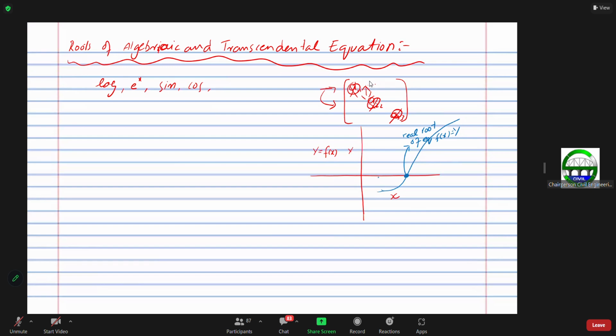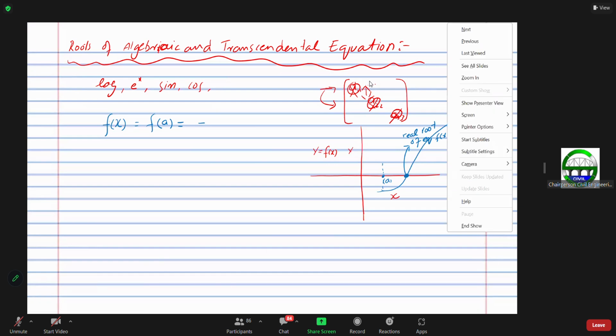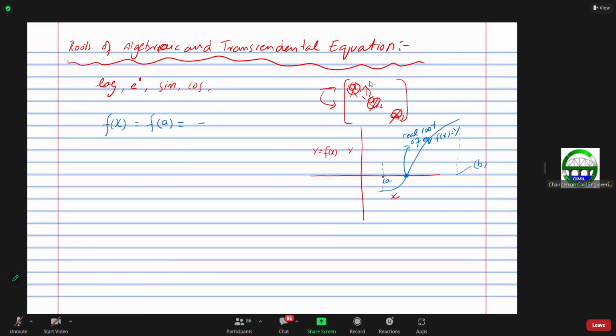So let's say this is point A, and somewhere here is point B. For example, if we evaluate f of x equals f of a, will the value of f of a be positive or negative?